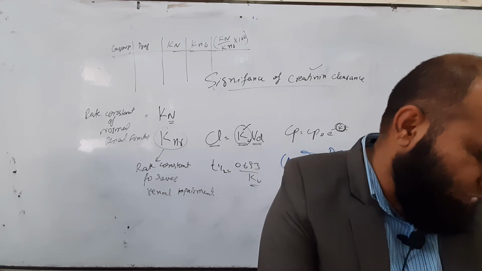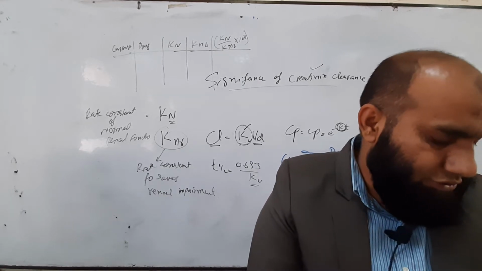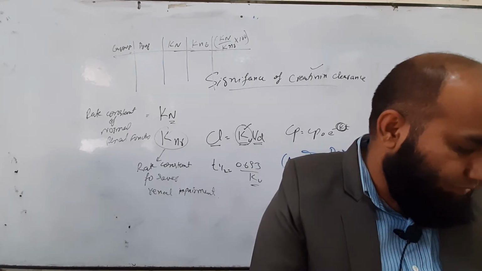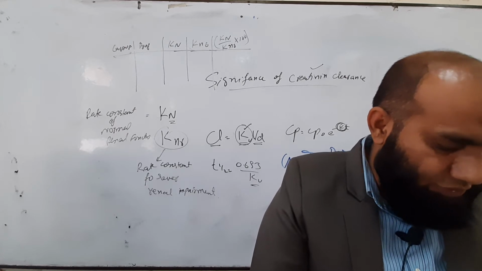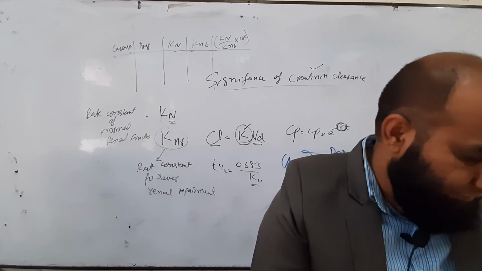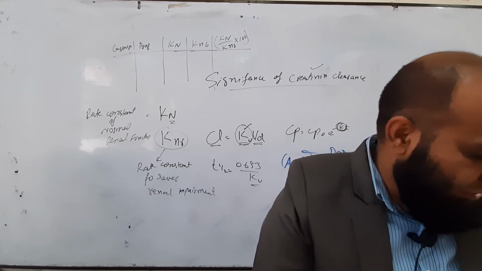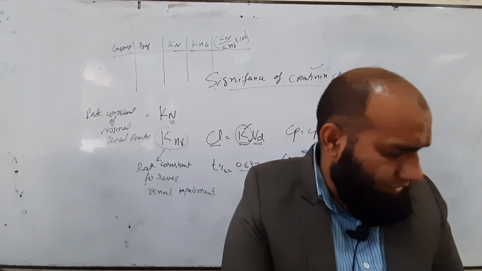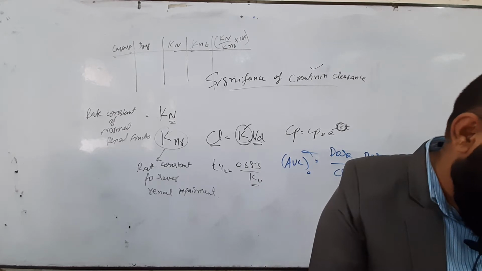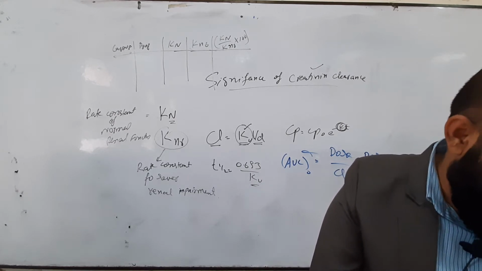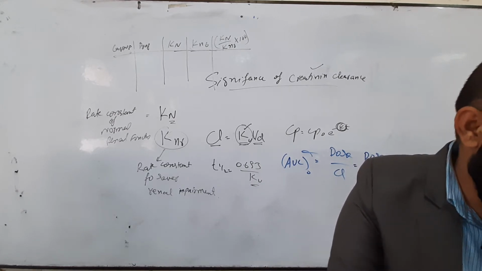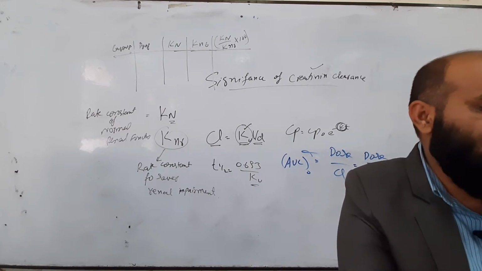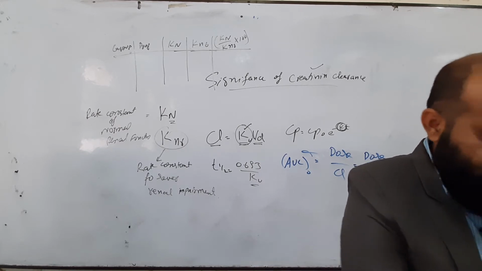Especially in case of glomerular filtration rate, we can check different parameters and different conditions. There is also a table in Leon Shargel, table 24.3, which gives the classification of renal function based on estimated GFR.